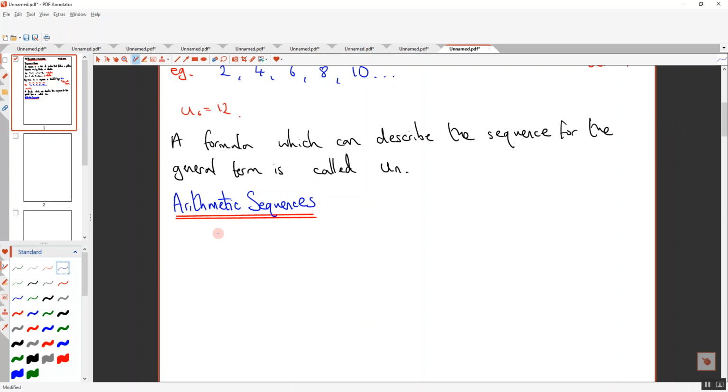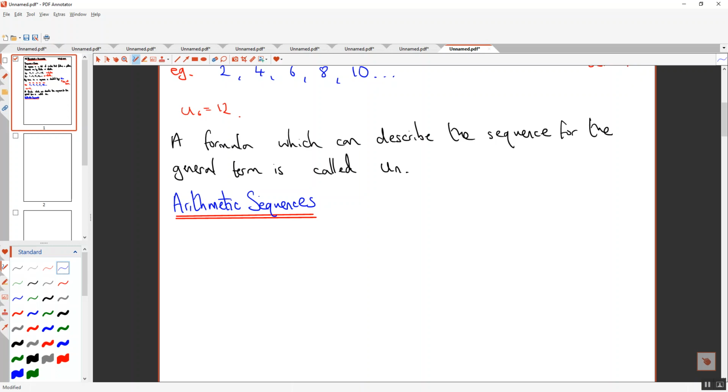Okay, so arithmetic sequences. So tell me about an arithmetic sequence. How do you know a sequence is arithmetic? The next term can be added by a common value. Right.